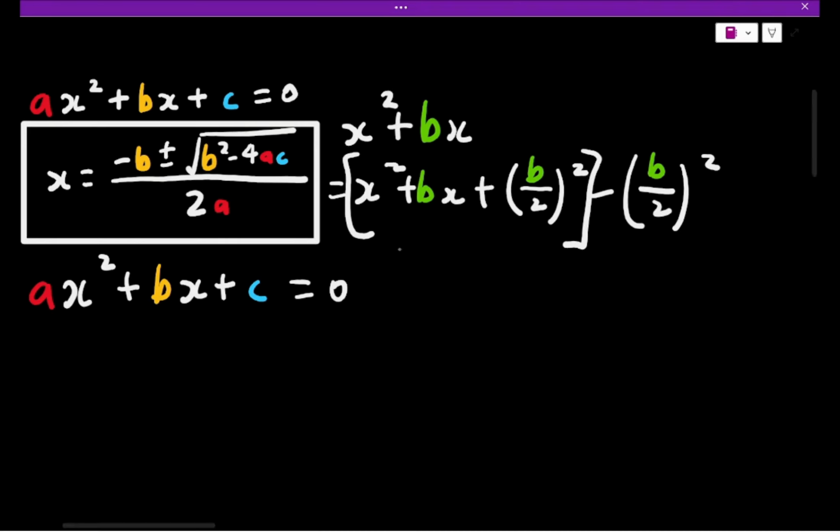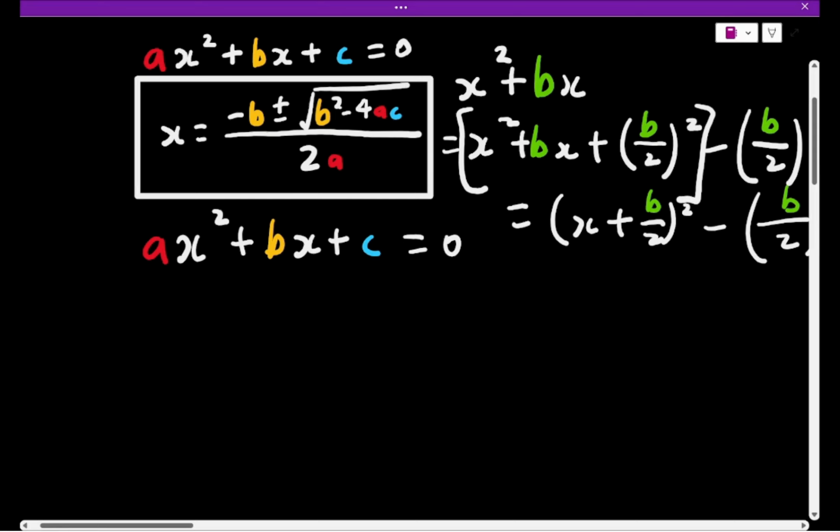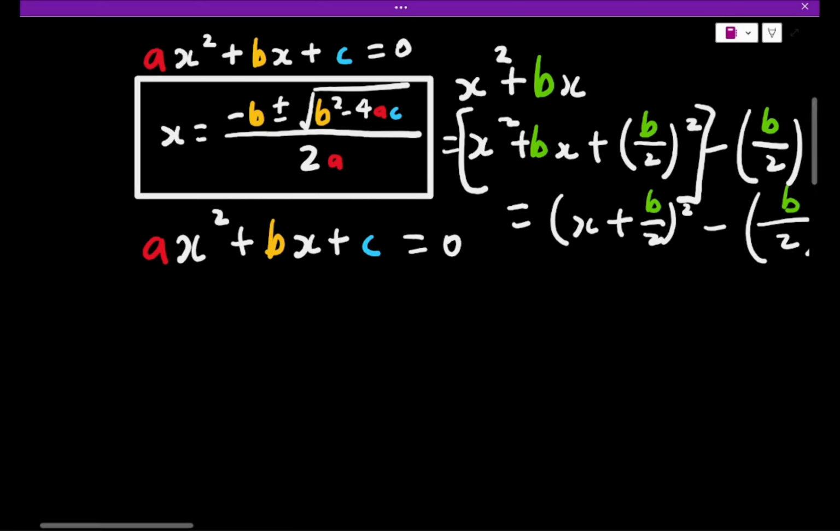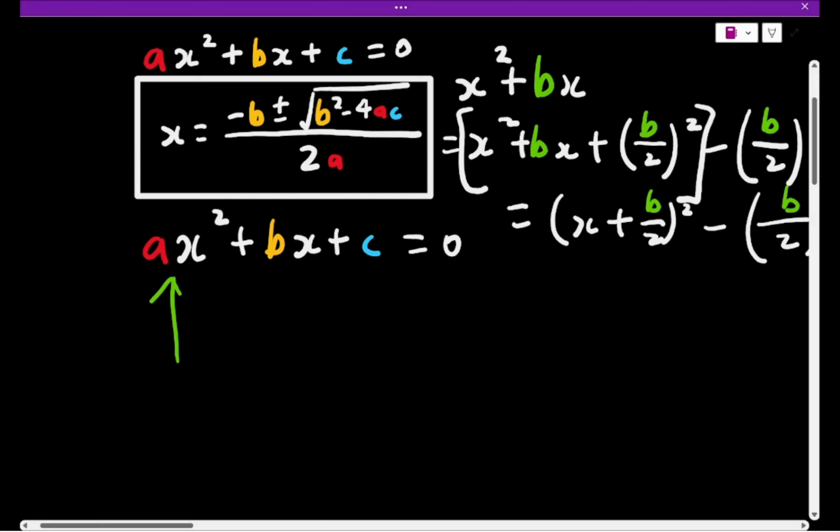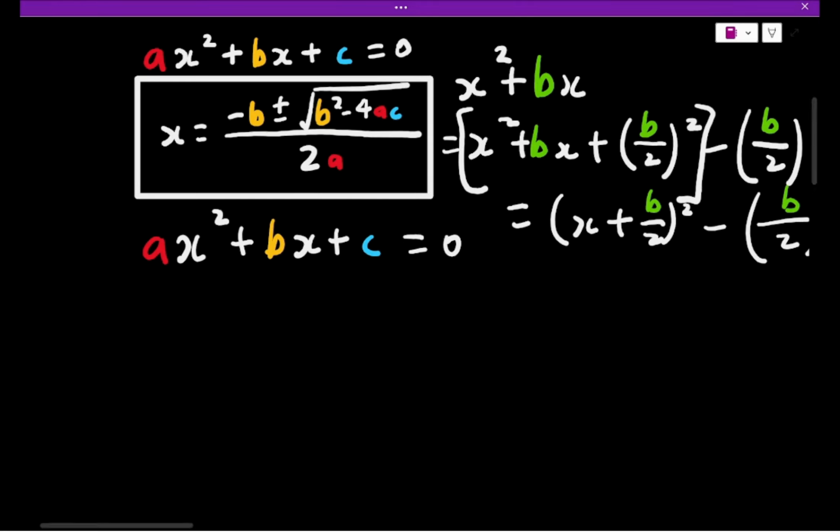Okay, so with that out of the way, let's get to our actual equation. So a little bit of an issue: the coefficient of x squared is a, not 1. Therefore, let's divide throughout the equation by a.